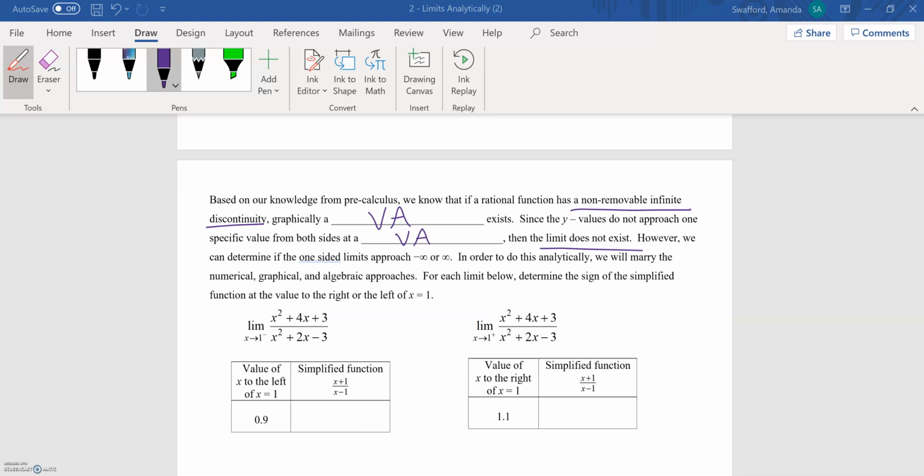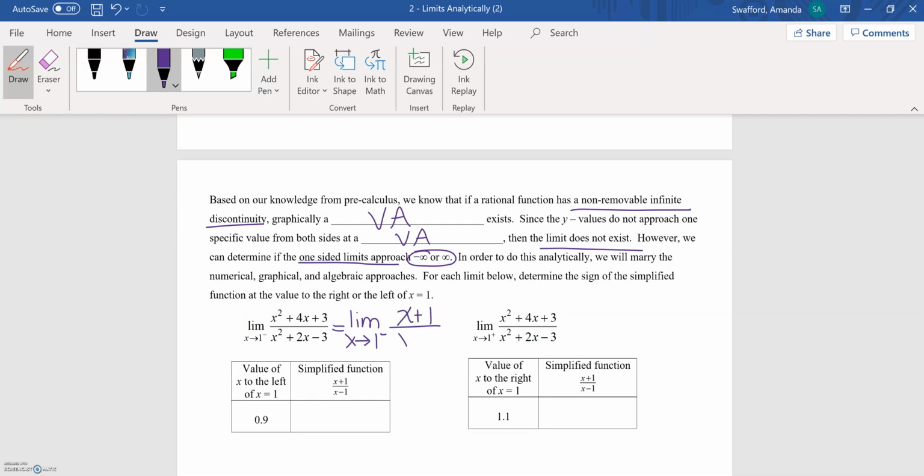Even though the limit will not exist at 1, because these are one-sided limits, we should decide which direction the graph is going, because that gives us a little more description about the behavior. So we have factored this equation already. We know that when we plug in 1, we get a 0 in the denominator, so we factored.